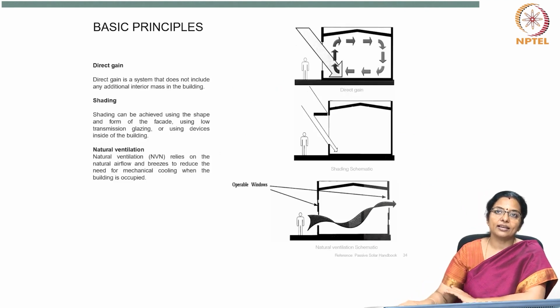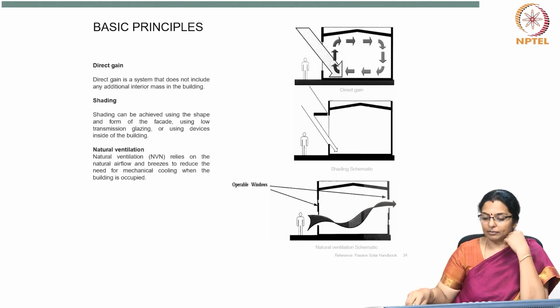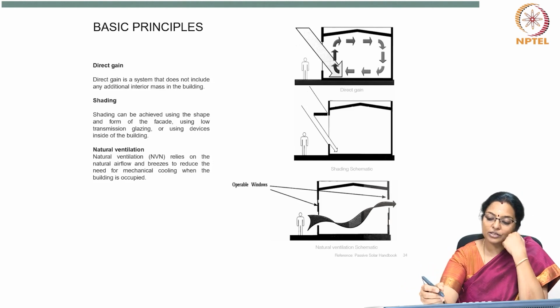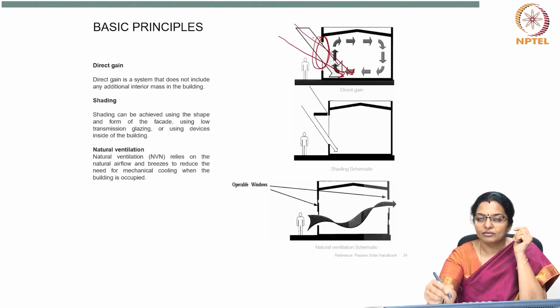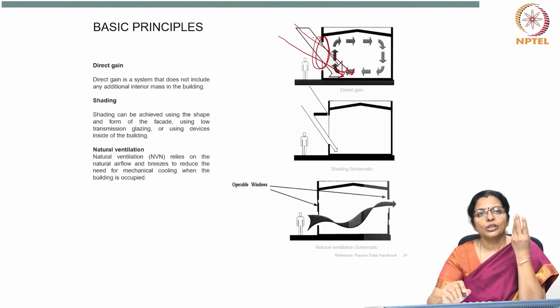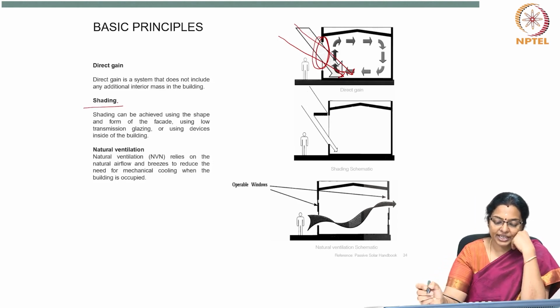Then let's look at the basic principles of heat gain. So direct gain is a system that does not include or require any other mass, but it just allows the heat to pass through the building through a transparent material. Normally that is glass. Then we can have appropriate shading.